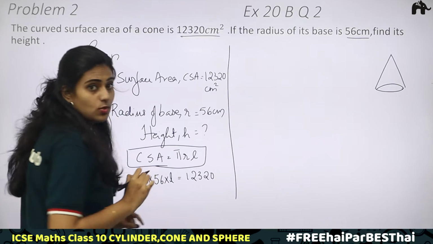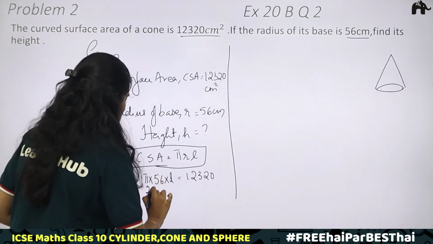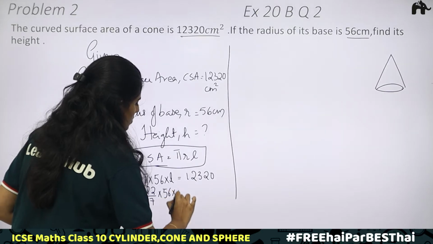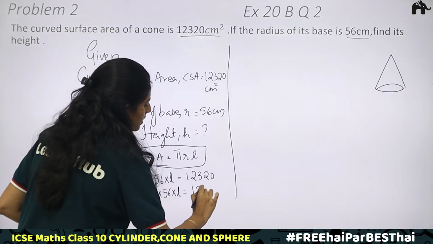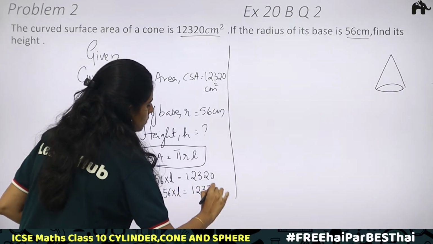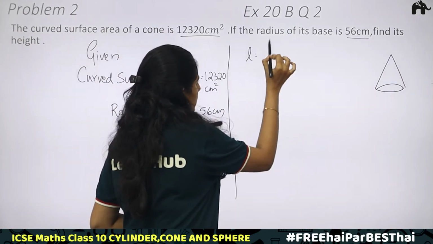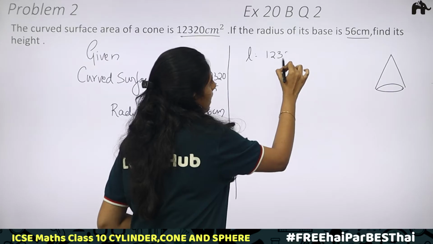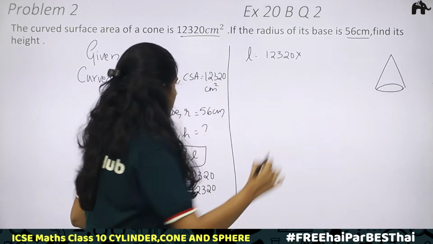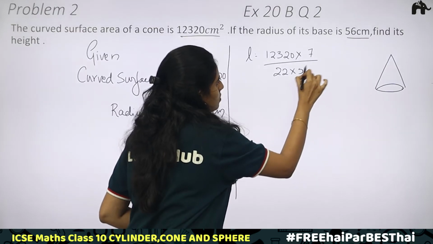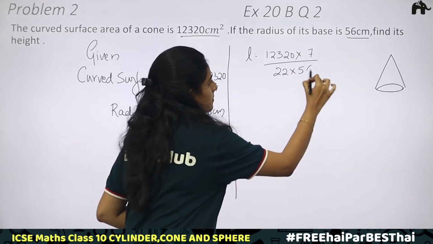Okay, pi is 22 divided by 7. 22 by 7 into 56 into L is equal to 12,320. Then L is equal to 12,320 into 7 divided by 22 into 56.